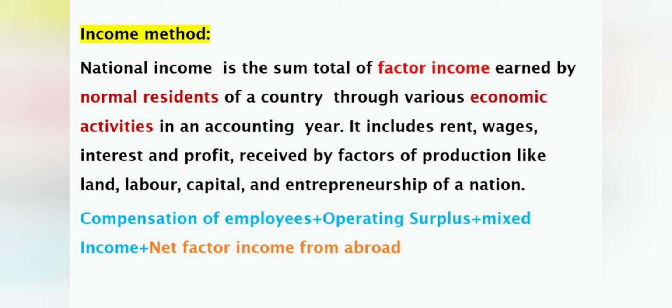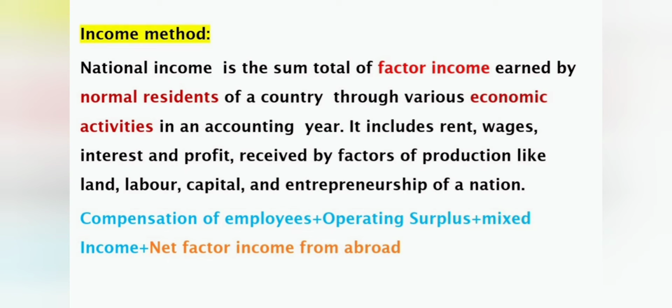While calculating national income by the three methods, we have to prove that the total income generated in the economy is equal to the total money value of the output, which is equal to total expenditure generated in the economy. That means the value added method, income method and total expenditure method of national income should give the same value of national income.